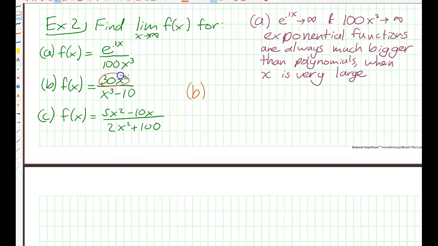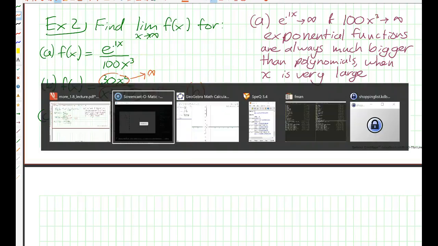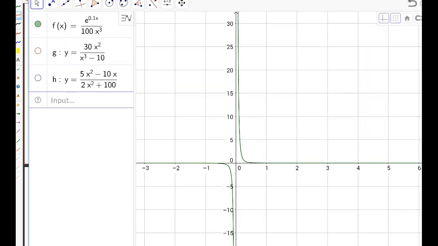So both of these get closer to infinity. And so let's see what happens as x gets really big. Again, you could do this by plugging in numbers, or you could make a graph. Let's look at a graph here.